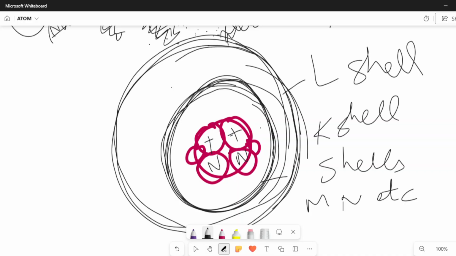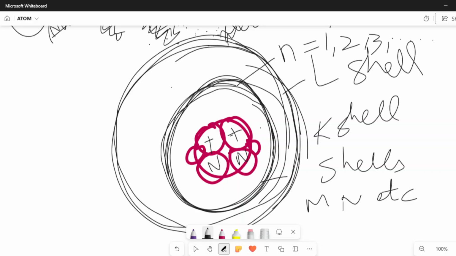So now you have understood K shell, L, M, N, etc. Maximum till now, they have found there are 8 shells present as of now. Sometimes they can even be called n equal to 1, first shell, second shell, third shell, etc. So we can tell it like that or as KLMN shells.